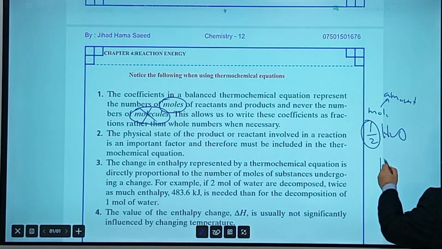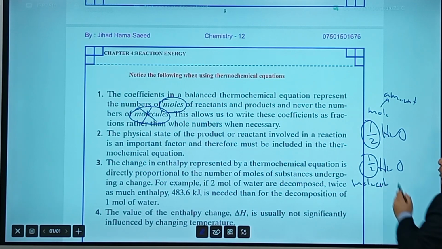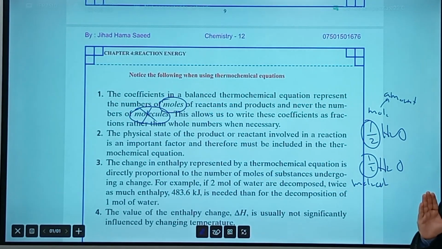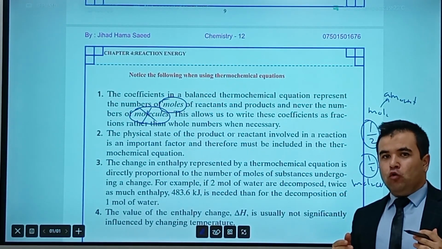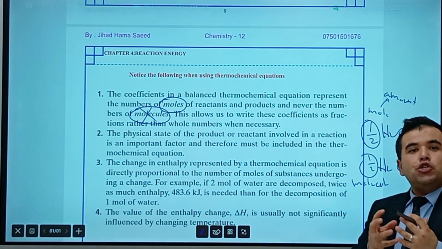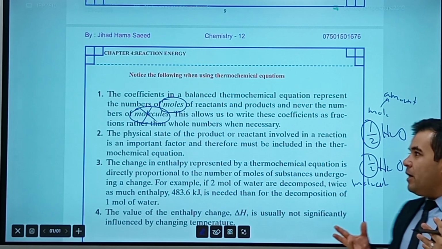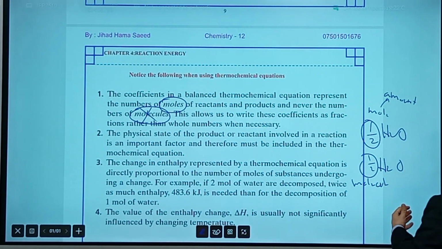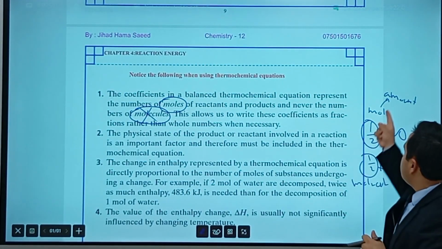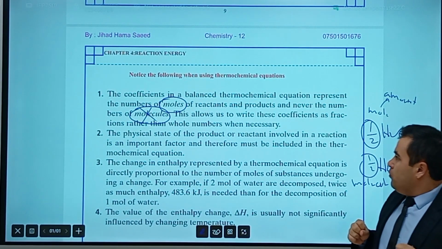But I cannot say 1 over 2 H2O molecule. We do not have half a molecule of something. There should be a whole number for the molecules. Molecule represents the structure, the composition or formation of a compound or any substance. So we will take the coefficient in the thermochemical equation as moles, as the amount, not as molecules.